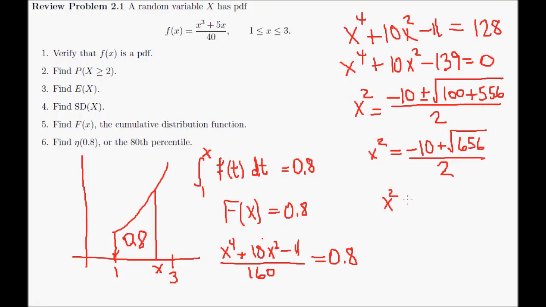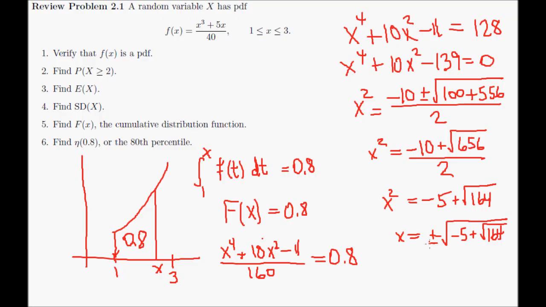So x squared is equal to, I can pull a 4 out of the square root, and I end up with negative 5 plus the square root of 164. Okay, then finally to solve for x, we get x is equal to either plus or minus the square root of negative 5 plus the square root of 164.